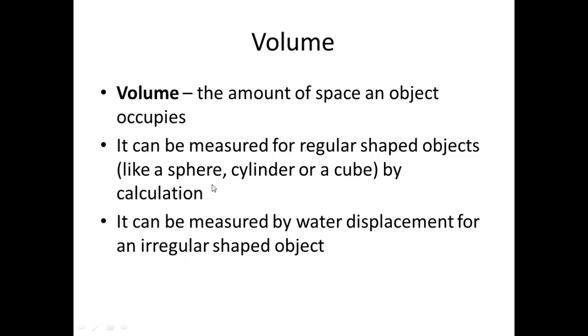And we can also measure by water displacement. We'll talk about that a little bit later, but displacing means to move somewhere else, to change the place. So I'll give you guys a second to copy this down.